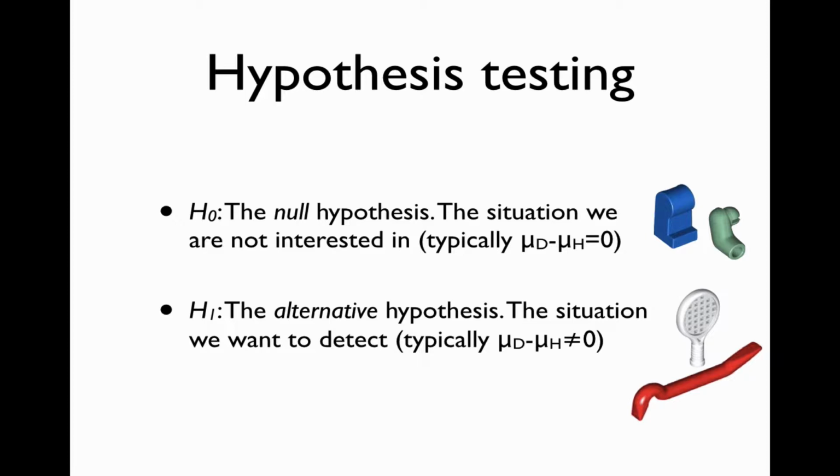To contrast that, we look at an alternative hypothesis, that is the situation we are interested in detecting, and that is that there is actually an underlying difference between the populations that we have observed in the samples we have measured on. We normally refer to these as the null hypothesis and the alternative hypothesis, H0 and H1.